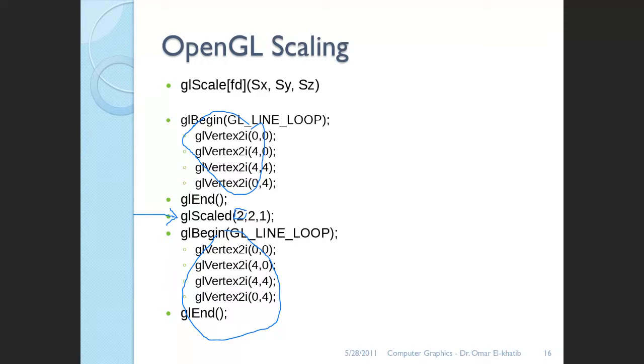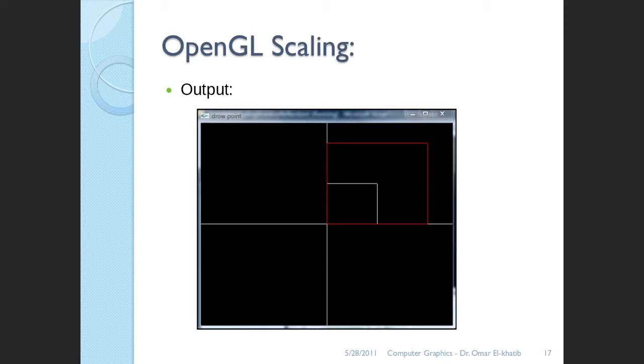And 1 on the z-axis, because it's 2D, so we don't make any change on the z-axis. After doing that, we see that the original white square becomes, I mean we have given it the red color, but it is bigger.